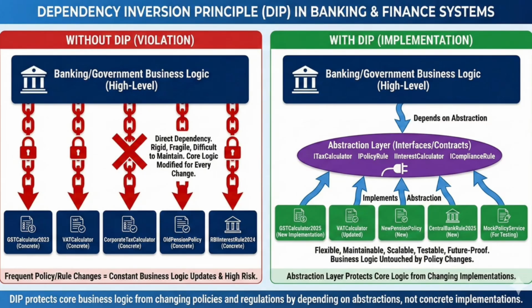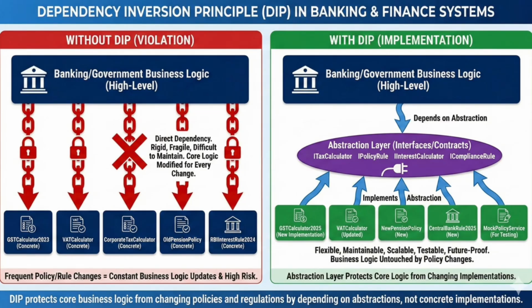No risk, no heavy rewriting, no chance of disturbing critical systems. This makes the application future-proof, stable, compliant, and easy to maintain. Another powerful real-world scenario is government policy systems. Government portals, such as income tax systems, subsidy distribution platforms, pension systems, and social welfare systems, constantly deal with changing rules.